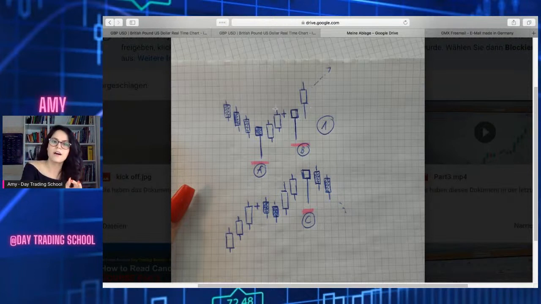If it occurs, like in scenario B, at the wrong location, it is no longer reliable. So context matters a lot. And the same candlestick pattern occurring at the end of an uptrend means something else than when it occurs in the middle of an uptrend. These are very important aspects that I want to cover in today's class.